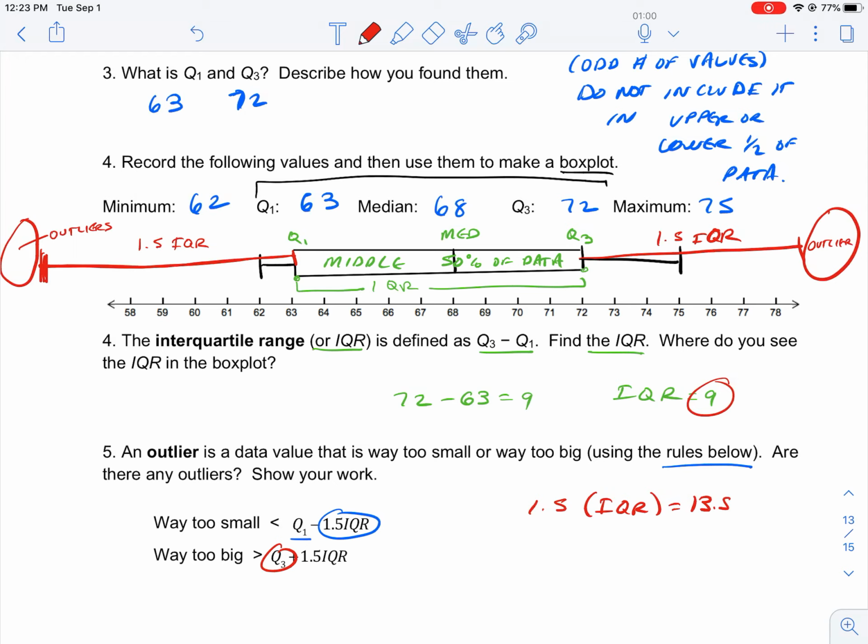Hope that makes sense. So that 1.5 IQR gives me the length of that arm, as it were. I'm not going to draw that in, but in my mind, I should draw out an arm, and anything above that is going to be an outlier.